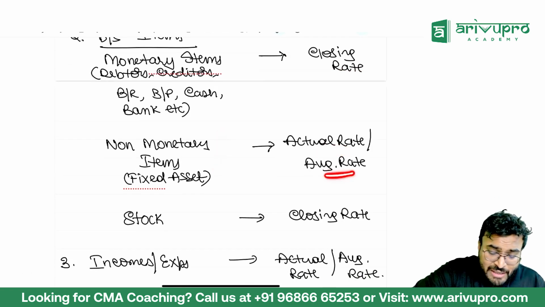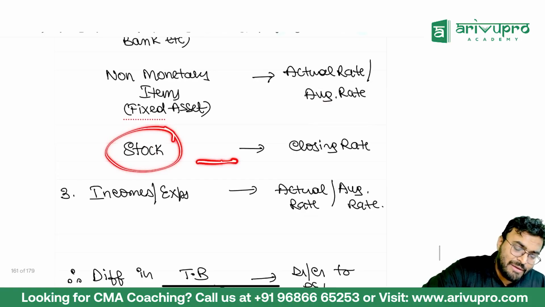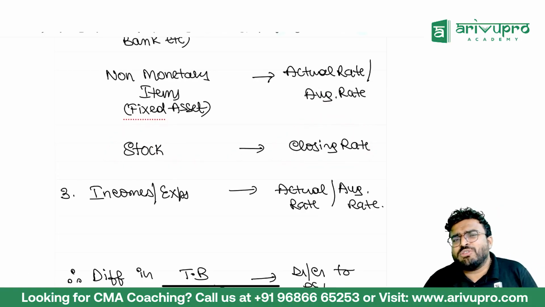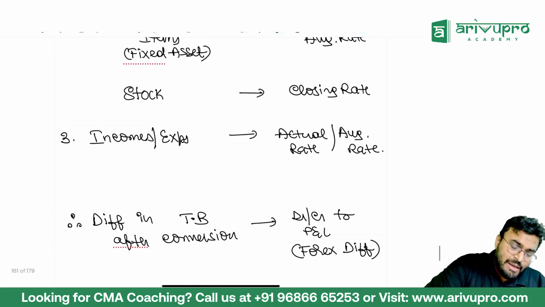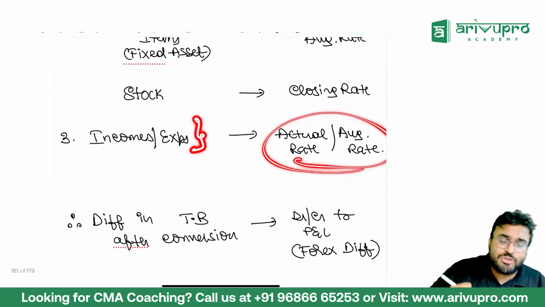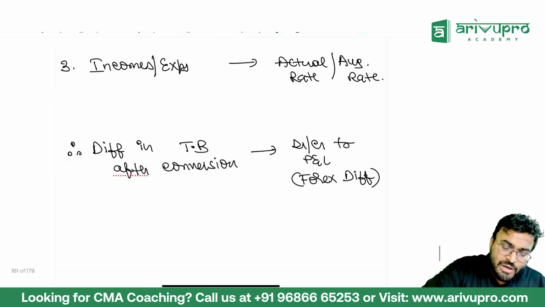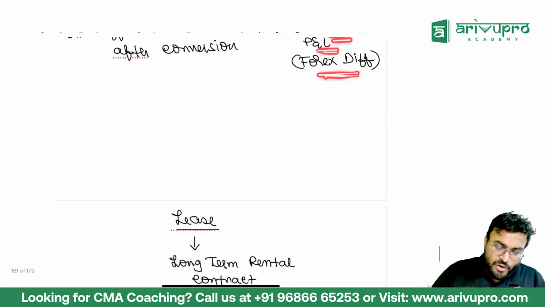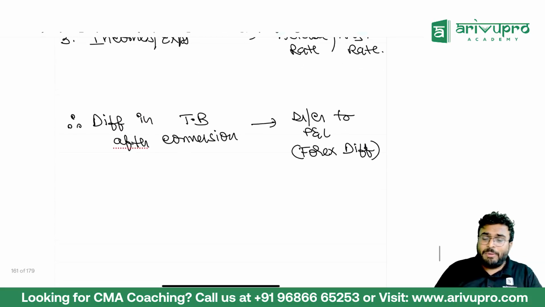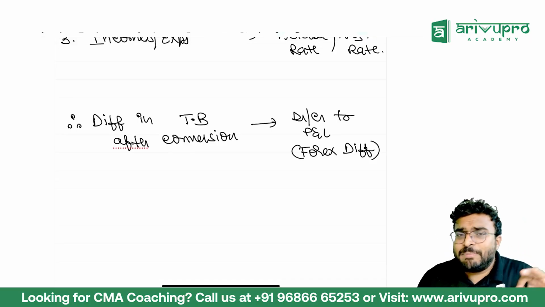If actual rate is not there, average rate. And stock will be converted at closing rate because you are calculating closing stock on the last day, no? So closing rate. Incomes and expenses will always be at actual rate or at average rate. Any difference in the conversion, the forex difference will be debited or credited to P&L. With that, we are done with the concepts of branch accounting.